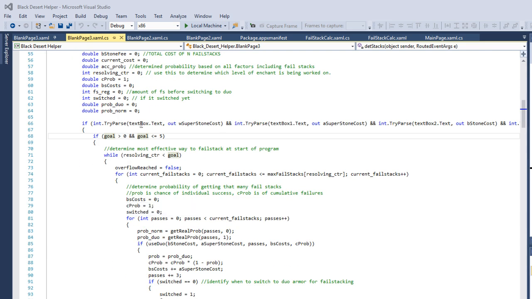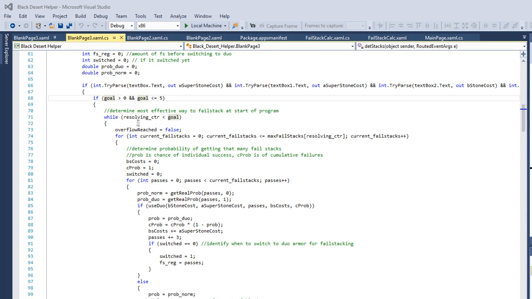So basically, after it checks to make sure the user's input is valid, it starts a loop. And basically, it'll calculate what it costs for pry, and then what it costs for duo, and then tri, and so on. Because you need to know the cost of the one before it to know the one after it.